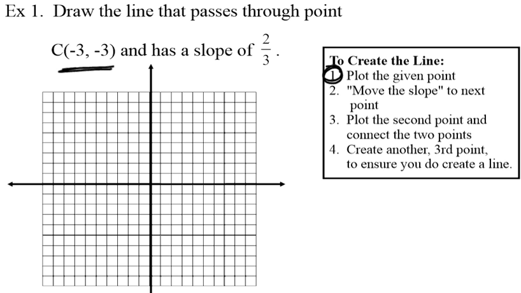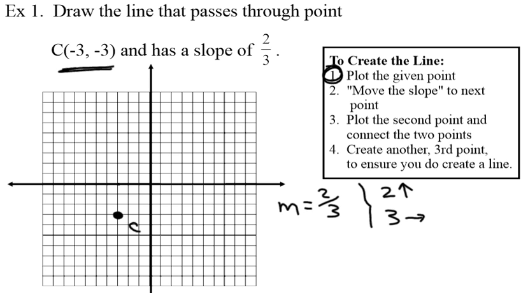We want to plot that point. Negative 3, negative 3. There's C. There's our starting point. Now we have a slope of 2 over 3. What do those directions tell us? Rise of 2 will be 2 up. A run of positive 3 will be 3 right.